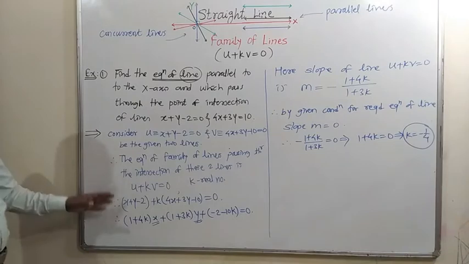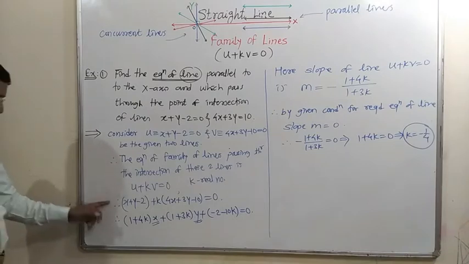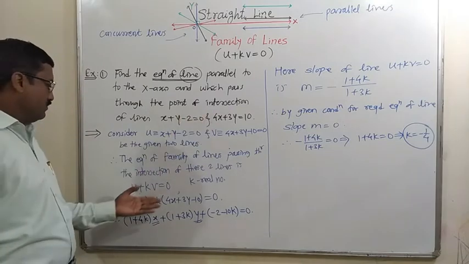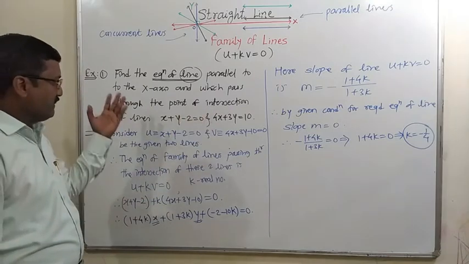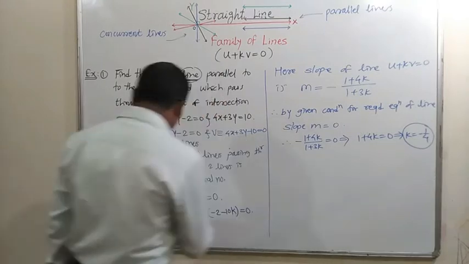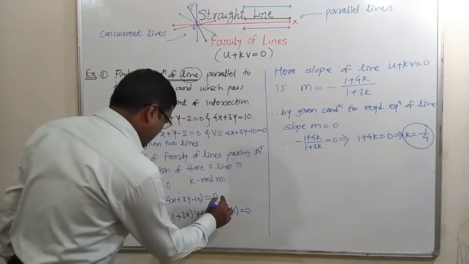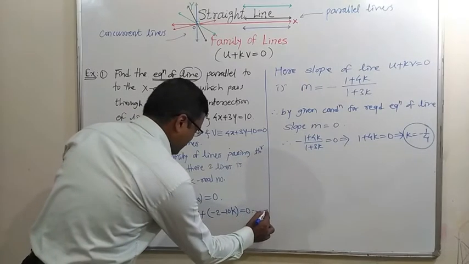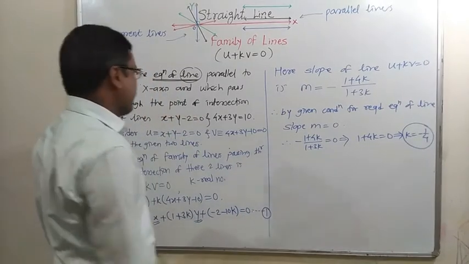Because in the first step we have written the equation of the required line, but the unknown is only k, so k is equal to minus 1/4. Just put that k value in this equation, we will get the required equation of line. This is equation 1.